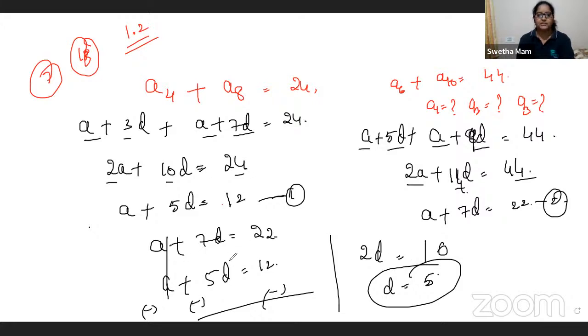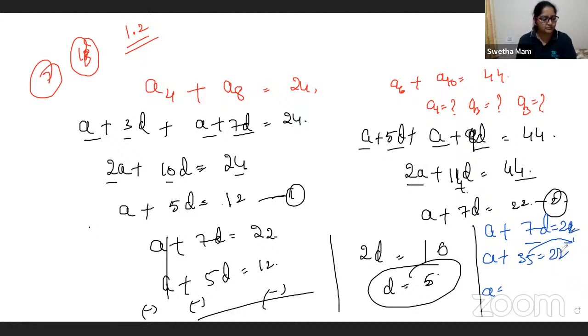I will take A plus 7D is equal to 22. A plus 7 into 5, 7 into 5 is 35, that is equal to 22. So 35 becomes minus 35.